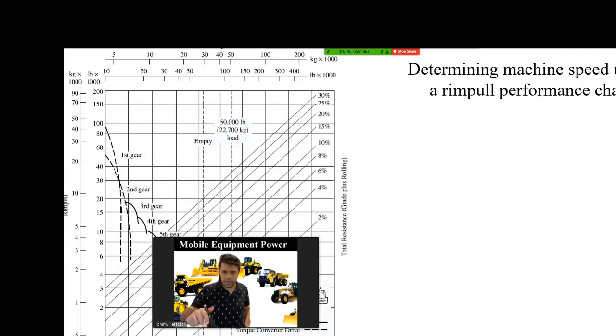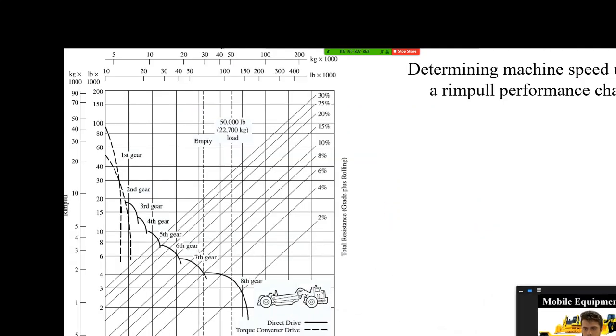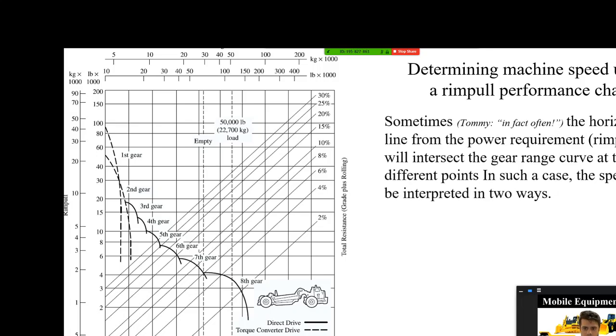This slide is explaining this issue. Sometimes, and I believe in fact often, the horizontal line from the power requirement will intersect the gear range curve at 2 different points, for example here, or here.